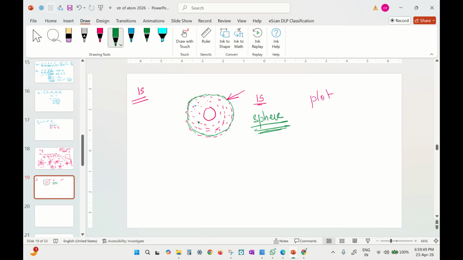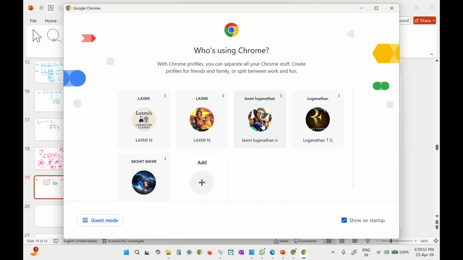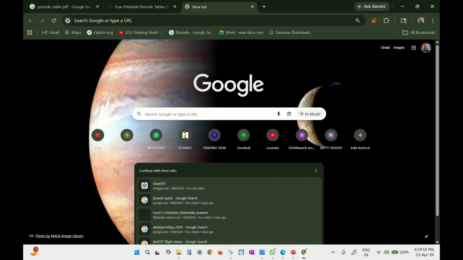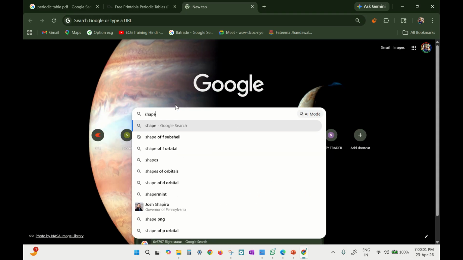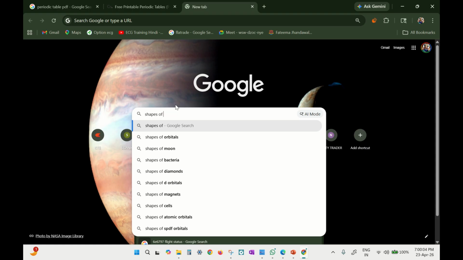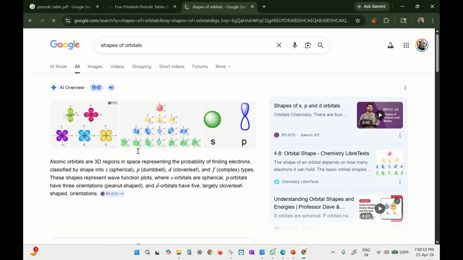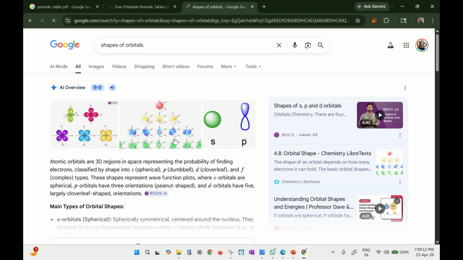So D is indeed three-dimensional. So these are the shapes of orbitals. See, these are all three-dimensional. And F, imagine F. F is still more complicated.